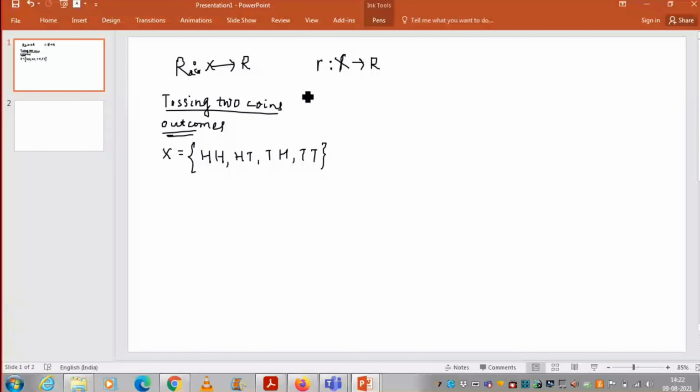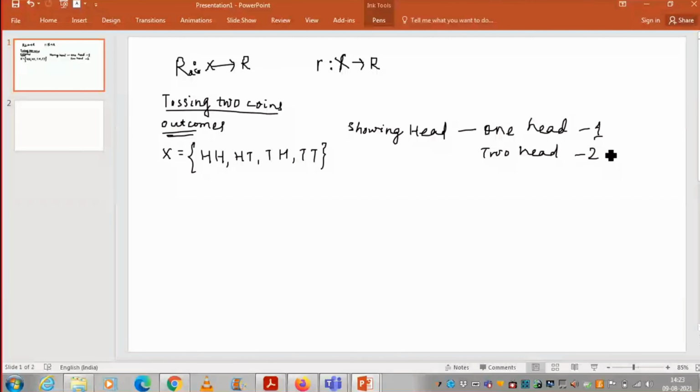Now how to define the random variable here? If I am taking showing head as the main objective, then showing one head I can write 1, and two heads I can write 2.